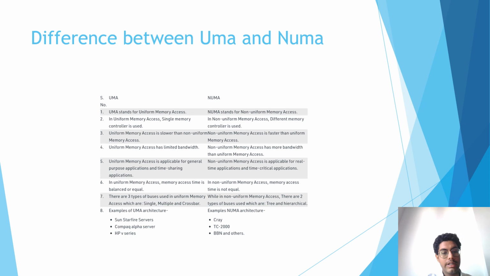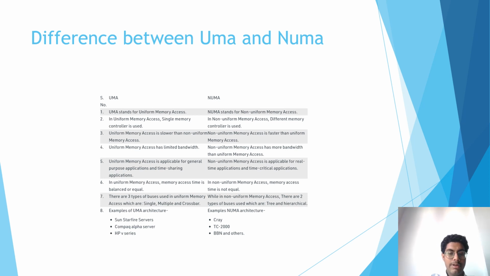As I told you, we can reach some memories faster, because of the local memory. UMA has a limited bandwidth. NUMA has bandwidth which is more than UMA. Non-uniform memory access can have more memory than uniform memory access. Uniform memory access is applicable for general purpose applications and time-sharing applications, whereas non-uniform memory access is applicable for real-time and time-critical applications.